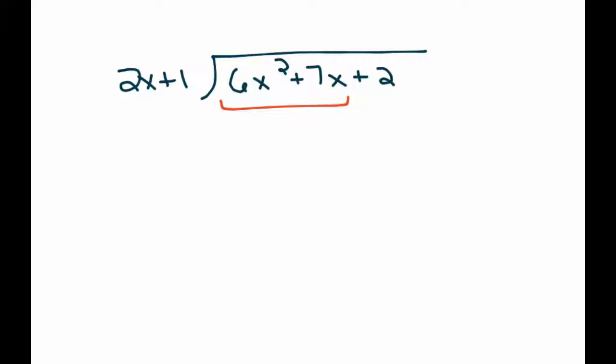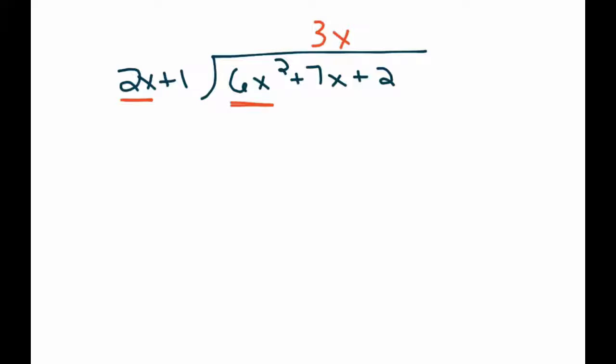Now, you don't necessarily get it on the nose, but here's a little hint. I always want to turn the first term in the divisor into the first term of the dividend. In other words, what can I multiply 2x by so that it becomes 6x squared? Well, I would multiply by 3x.